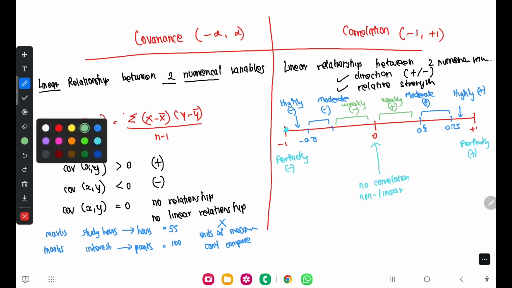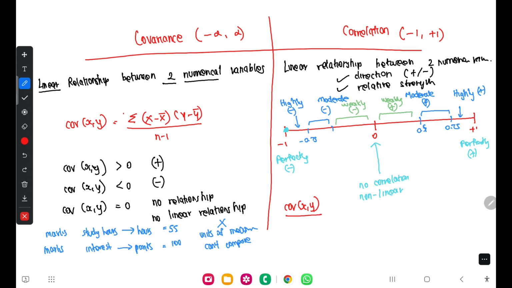So there are basically several formulas to find the correlation. To move from covariance to correlation, we take the covariance of x and y and divide this by Sx, that is the standard deviation of x, and the standard deviation of y.